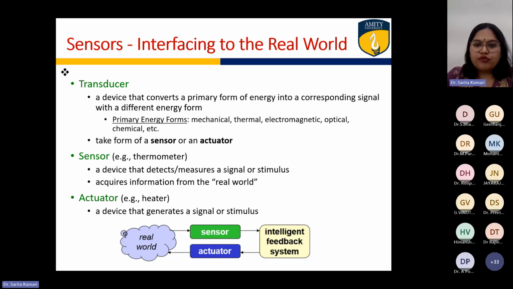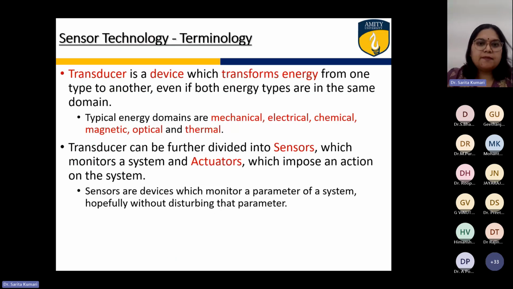So moving to the next, that is the transducer, which transforms energy from one type to another type. When we are talking about the working principle, I'll give you one example, like a capacitive transducer, or maybe an inductive transducer.